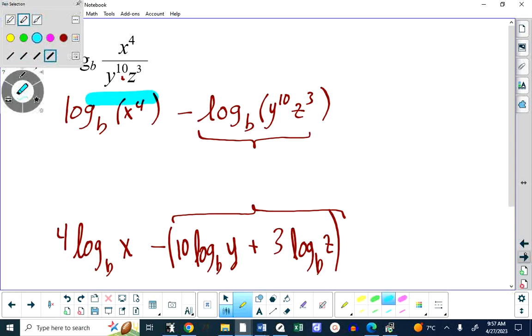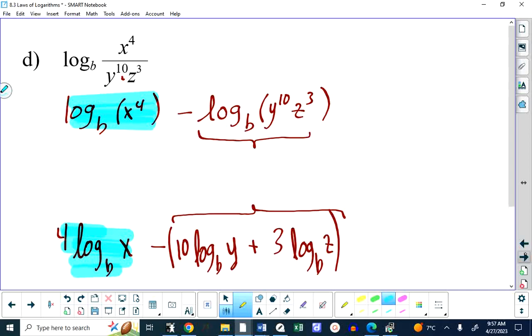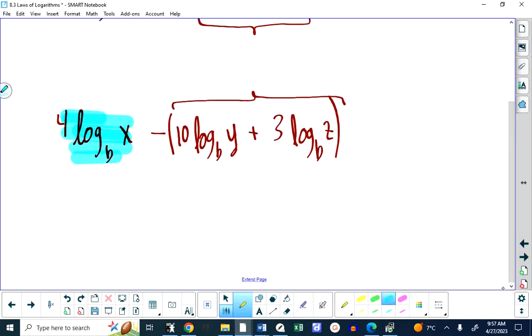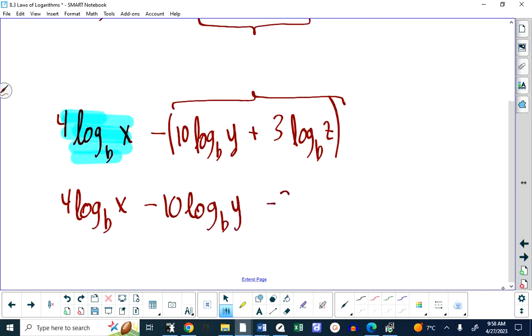I'm sure you do. Even though these rules are new to you today, those two things should be like hello and bonjour, right? I mean, they're the same thing. So I don't even feel the need to explain that I'm moving the 4 down every time I do something like that. Anyway, what you do get is 4 log base b of x minus 10 log base b of y minus 3 log base b of z.